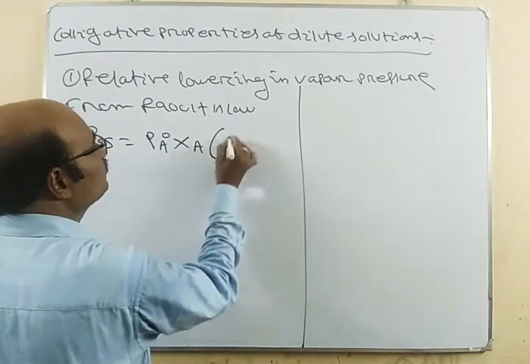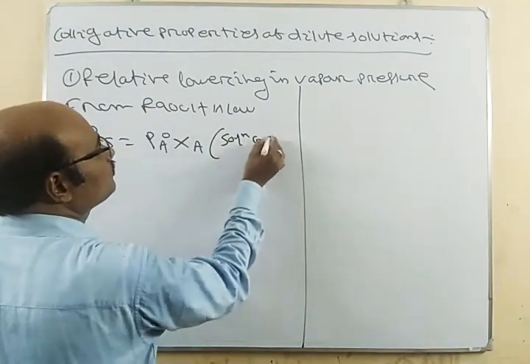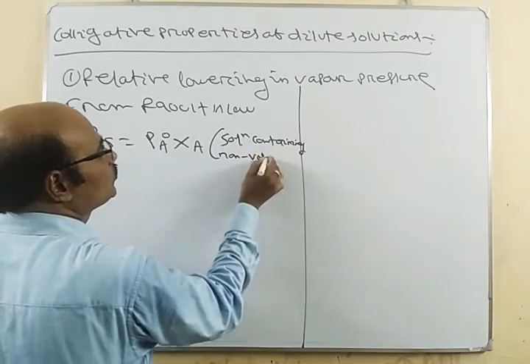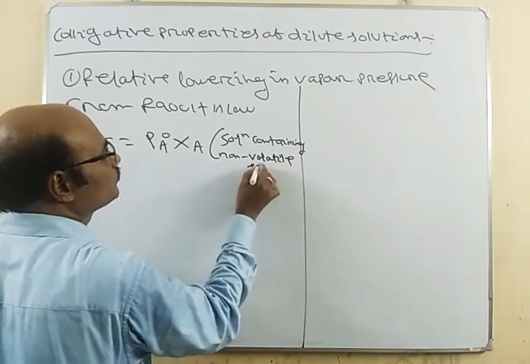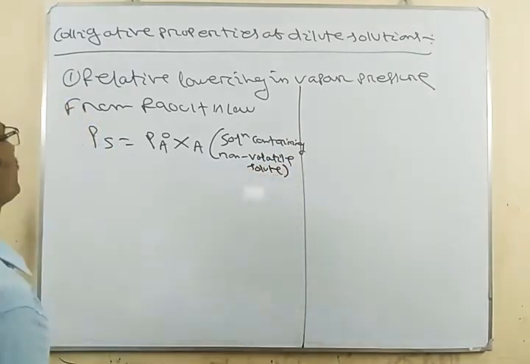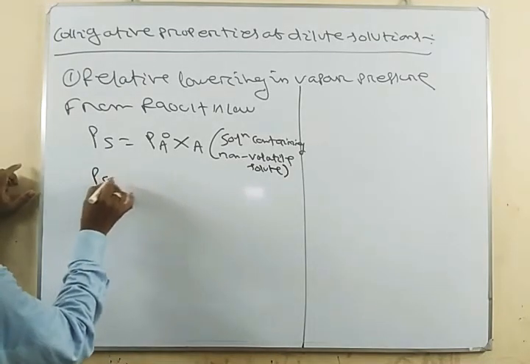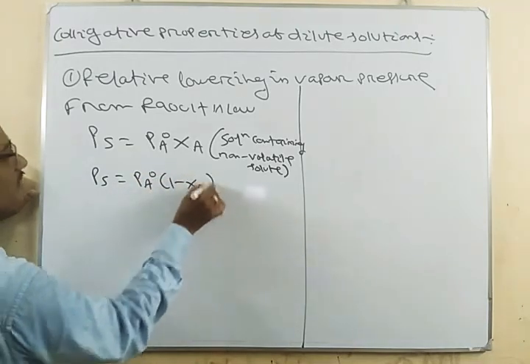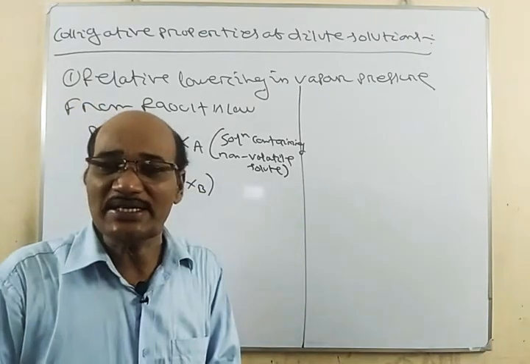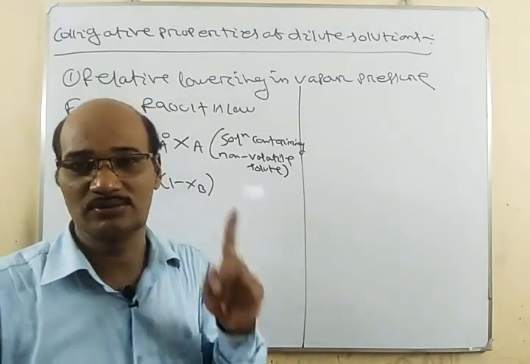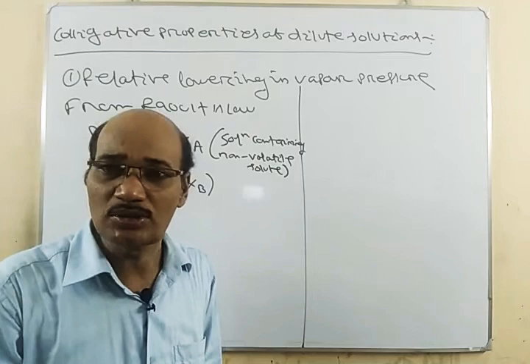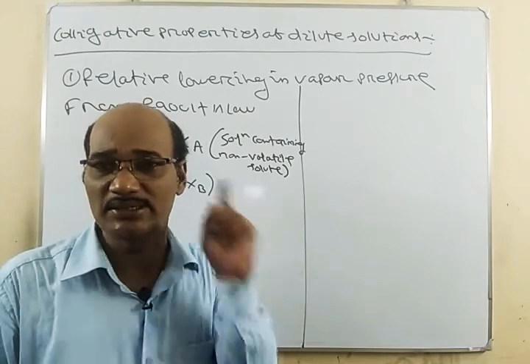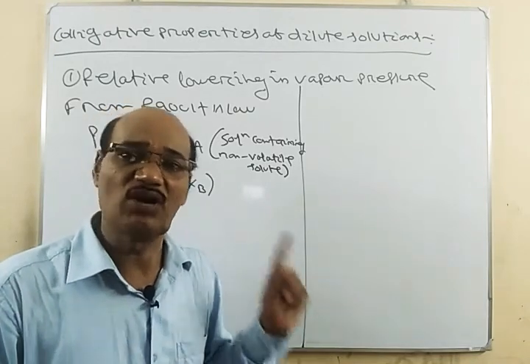Or PS is equal to PA0 (1 minus XB). We have XA plus XB equal to 1, the mole fraction of solute and mole fraction of solvent sum to 1. Already we have discussed this in the last class. So XA equals 1 minus XB.